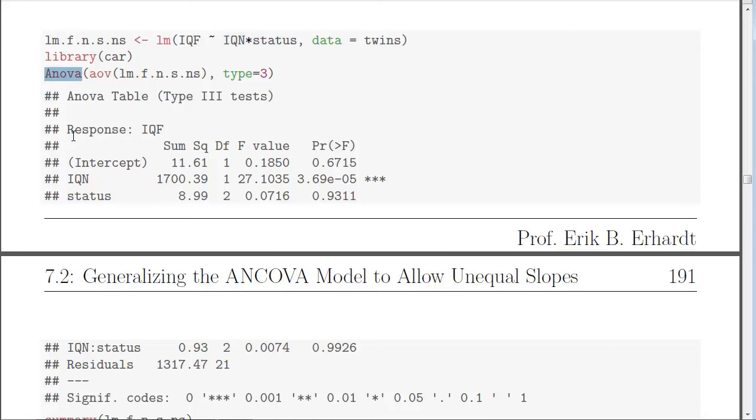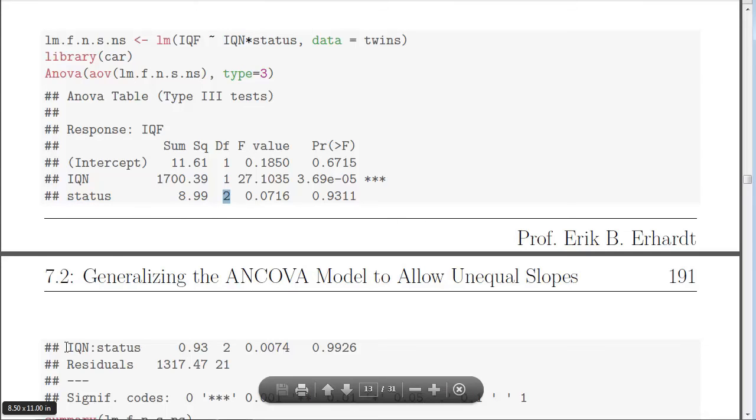So here we've got the ANCOVA table. IQN just has 1 degree of freedom. Status, there's 3 statuses, so we have 2 degrees of freedom, asking whether there are differences from the baseline. So there's 2 differences from baseline, that's the 2 degrees of freedom. But the main one that we've got on the next page is whether there is an interaction. And this is 2 degrees of freedom also.